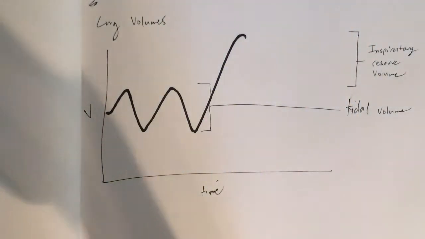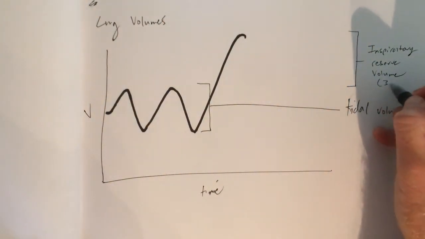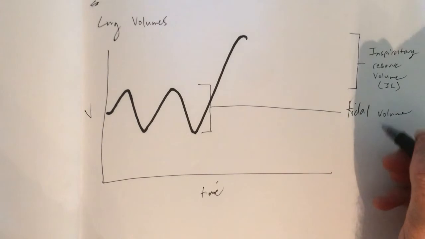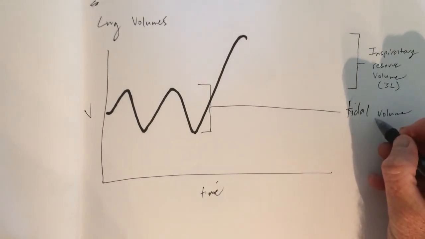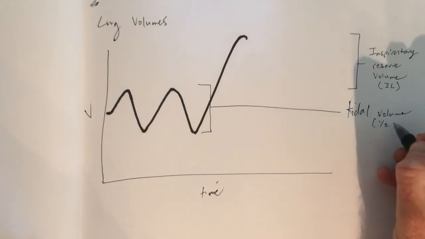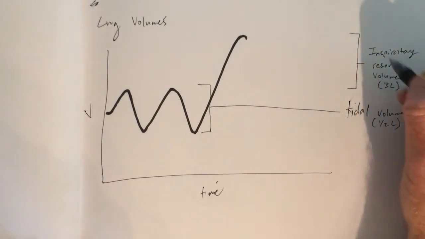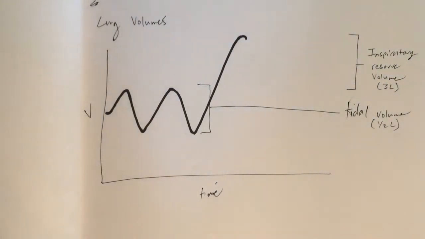And for a normal male, you're looking at about 3 liters of air. Tidal volume in both males and females is about 1/2 liter. In females, your inspiratory reserve volume is about 2 liters.